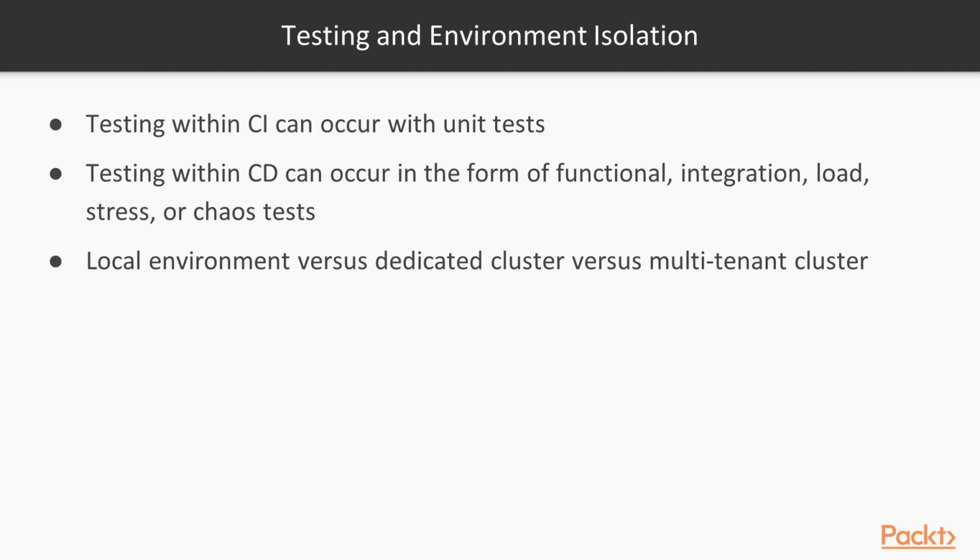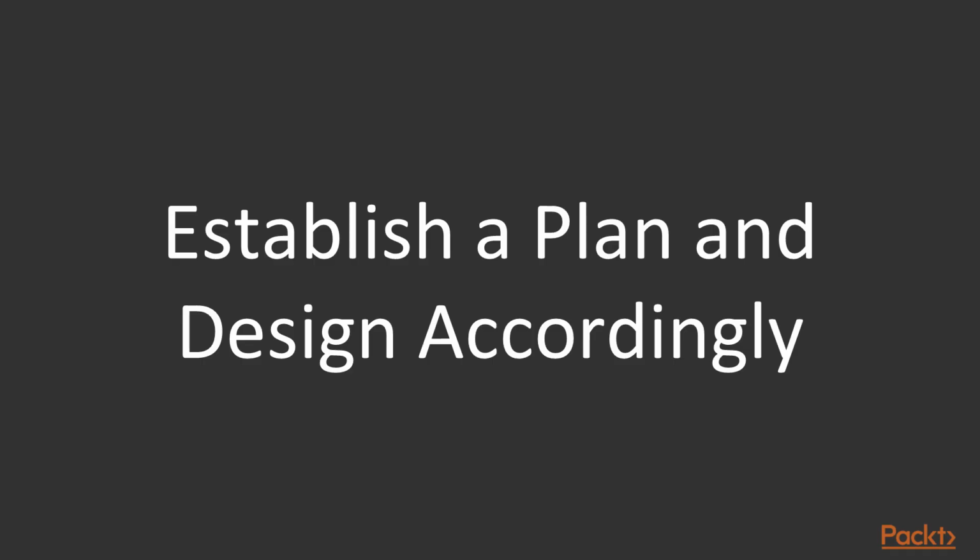This goes along the lines of a non-production versus production cluster, where non-production would have dev, QA, perhaps a UAT environment sectioned off by namespace, and your production cluster would be a dedicated cluster. Each has its benefits and drawbacks, so it's important to make sure that you establish a plan and design accordingly around that plan.